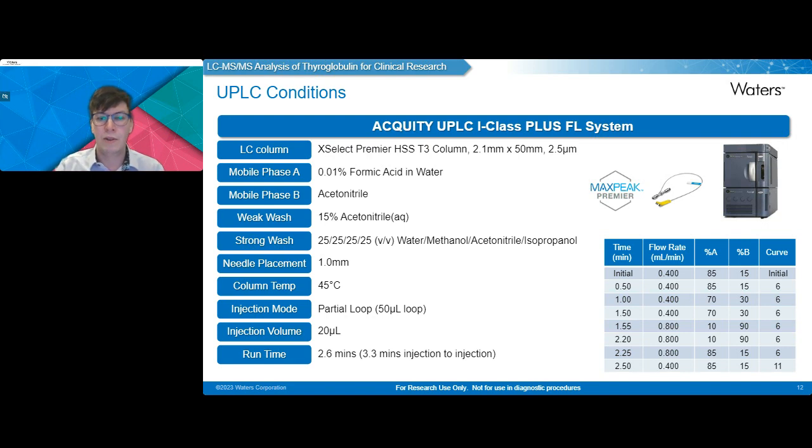And then we're using a step gradient in some instances across the gradient table. So this involves the actual separation of the FSP peptide on the column, followed by a step up to a wash of the column at higher flow rates, which is why that gradient table is perhaps a bit longer than people would normally expect.